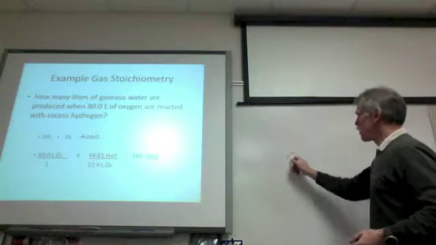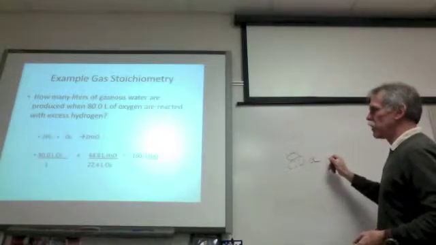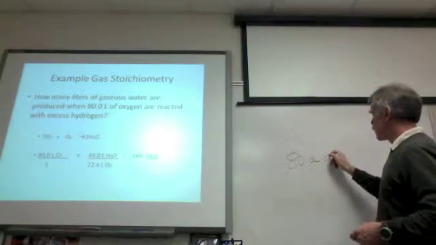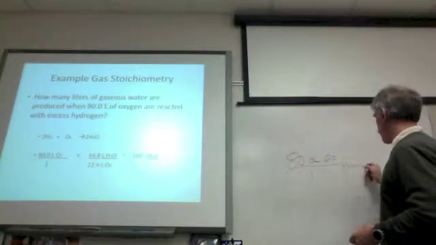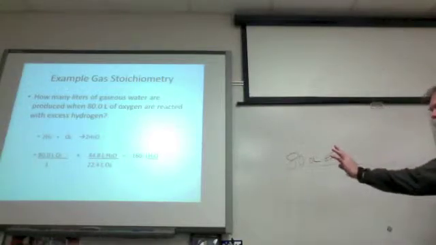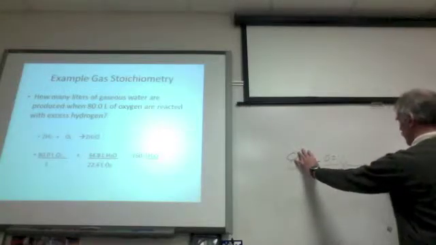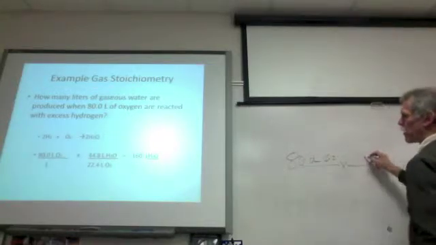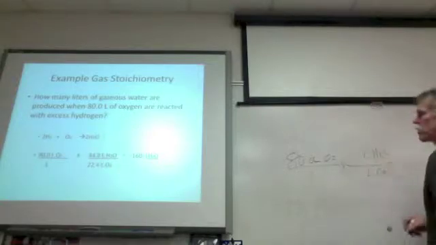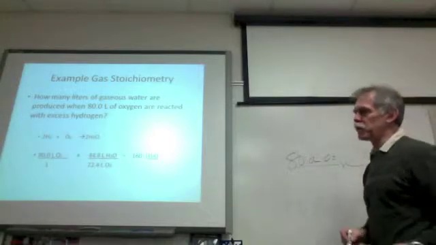Three blanks. Cover the number, drag the units, liters of O2, and then we put our unknown units here, liters of H2O, and we go look at the balanced equation.